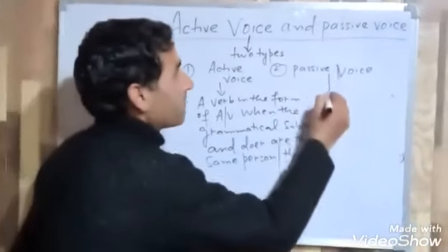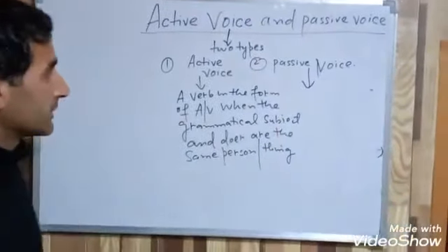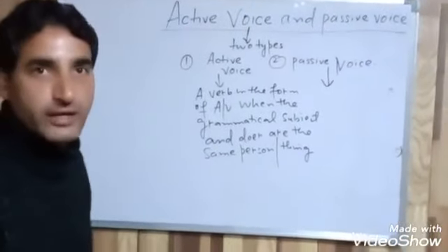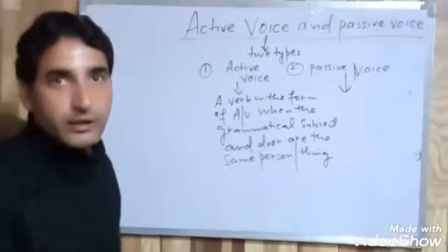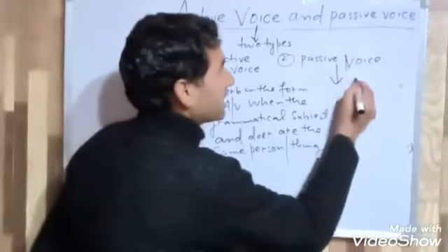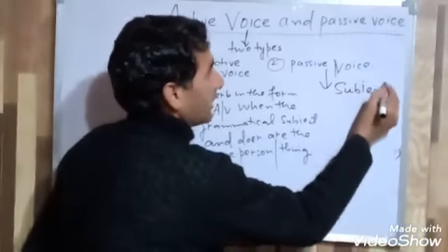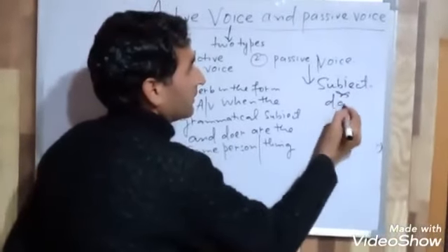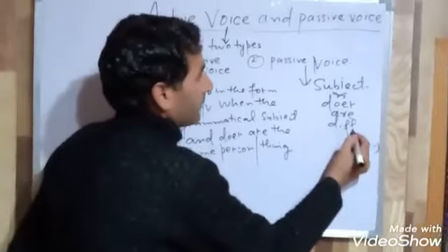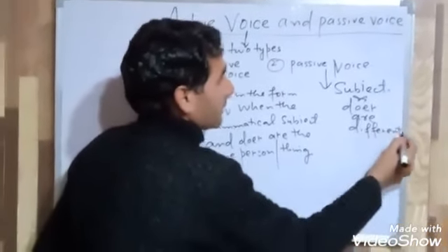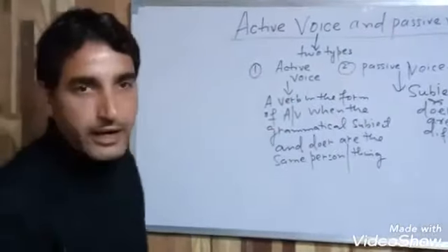And similarly, passive voice. A verb is in the form of passive voice when the grammatical subject and doer are different. Now I will show it with the help of an example.